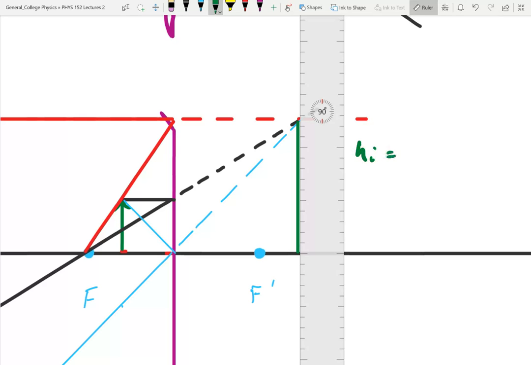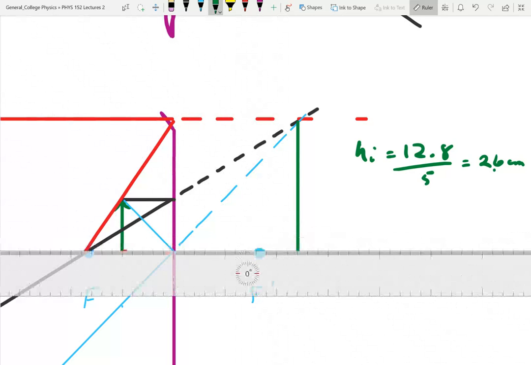So height of image equals, I'm going to say 12.8 divided by 5, which would be, what, 26? That'd be 24, 25.6. So yeah, 2.6, forgot the decimal, centimeters for the height of the image.